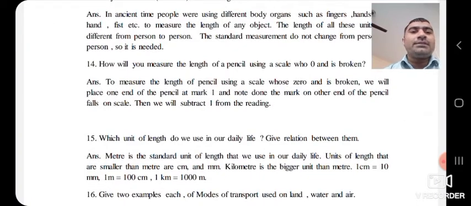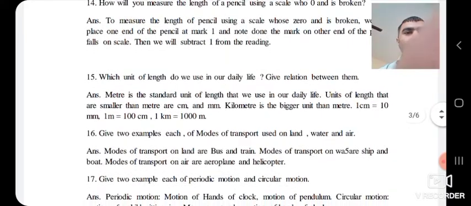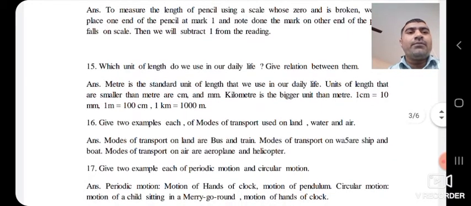To measure the length of a pencil with a broken zero end, we will place one end of the pencil at mark 1 and note down the mark where the other end of the pencil falls on the scale. Then we will subtract 1 from the reading. In the same way, if 0 and 1 are broken, then we will start the reading from 2 and subtract 2 from the reading.